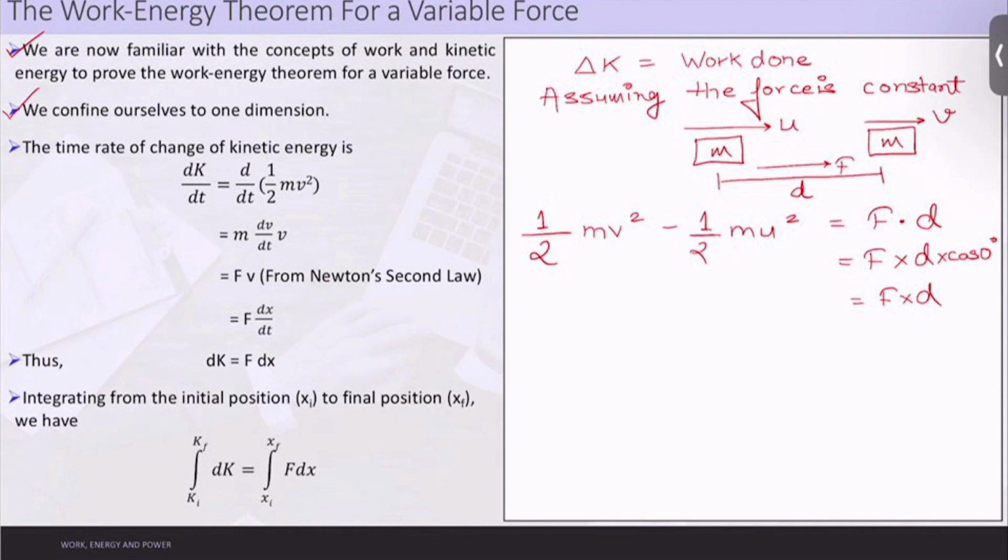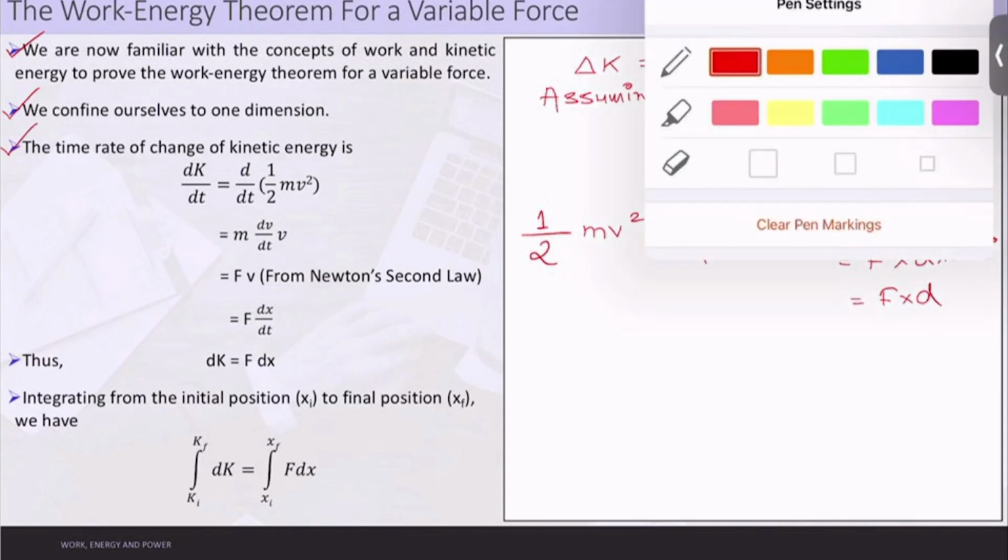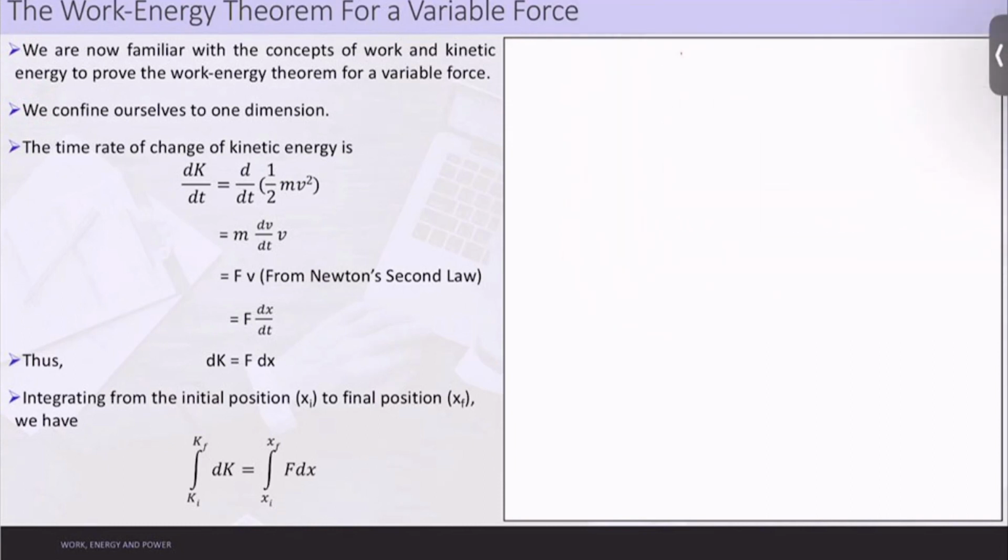Okay. So first of all, let us calculate the time rate of change of kinetic energy. So what is K basically? We know K is nothing but equal to half m v square. Correct?